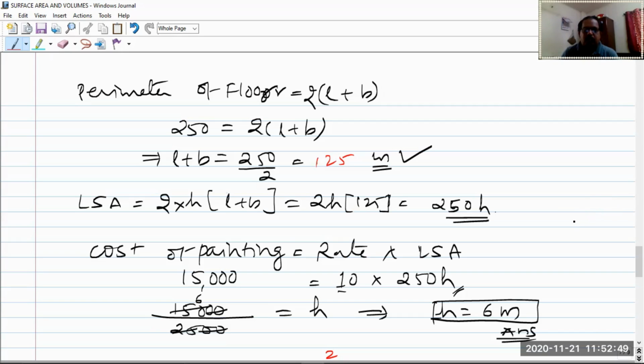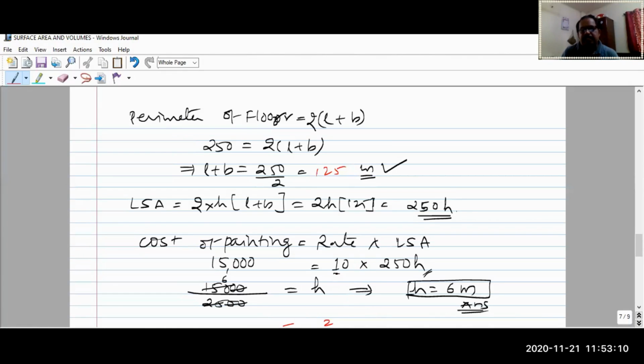And also you are given the cost of painting, right? It is given 15,000, which is obtained by multiplying the rate of painting and the lateral surface area, and which will give us the height of the hall. So the cost of painting is 15,000. The rate of painting is 10, and the lateral surface area we just obtained is 250 times H. So simplifying it, 15,000 is divided by 2500, because 10 into 250 will become 2500.